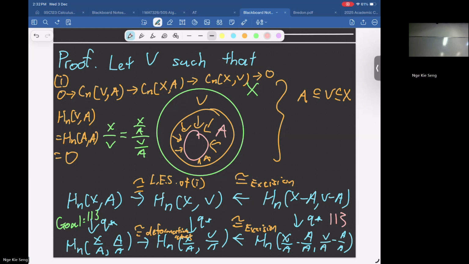Isn't that handy? An isomorphism has an inverse. Question? Any question? This kind of inverse is very important. In a higher algebra course, we call this thing a section. Very important.